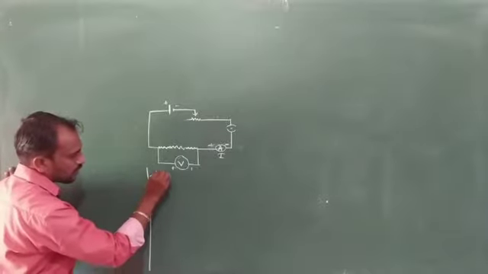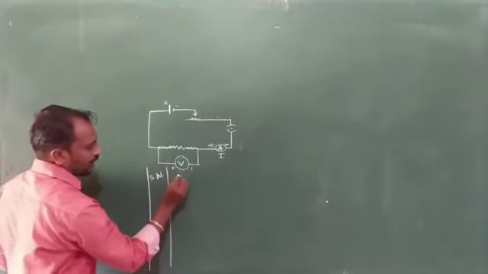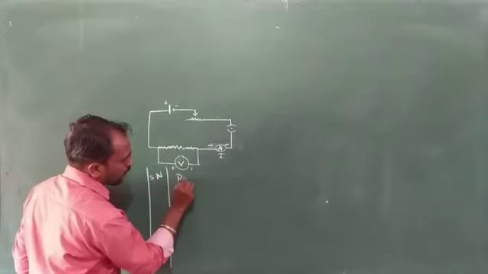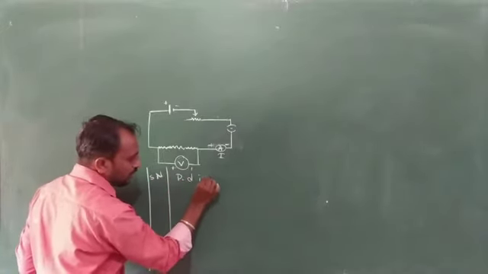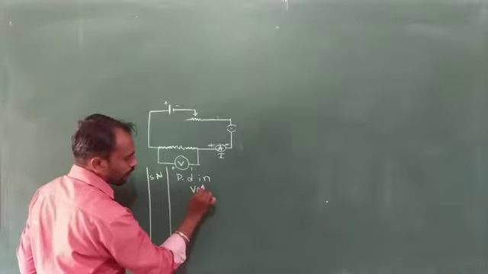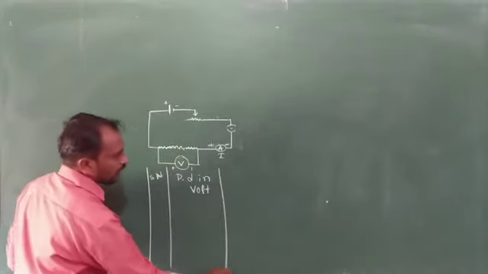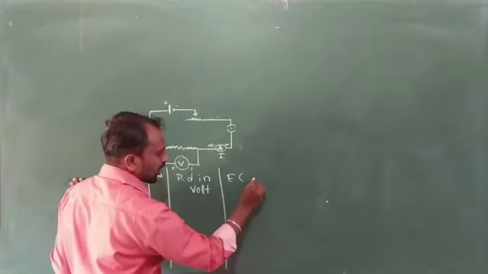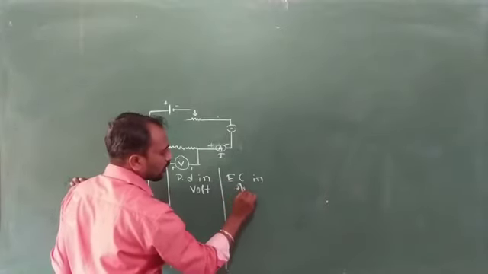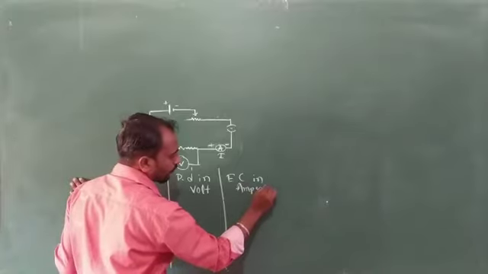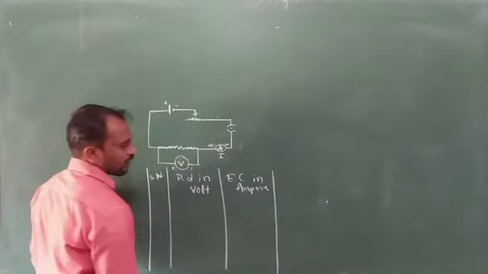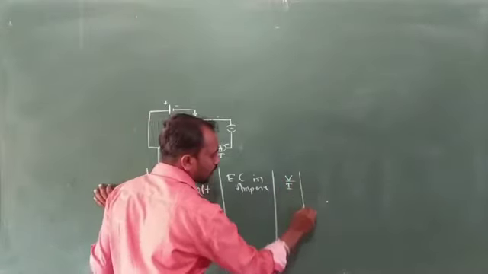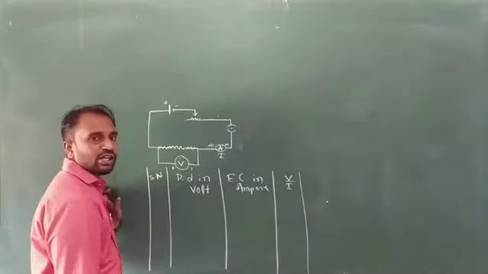So this column is the serial number, next is the voltmeter reading, which is the potential difference in volts, and next is the electric current, measured in amperes. And next we consider V divided by I. Why V divided by I?